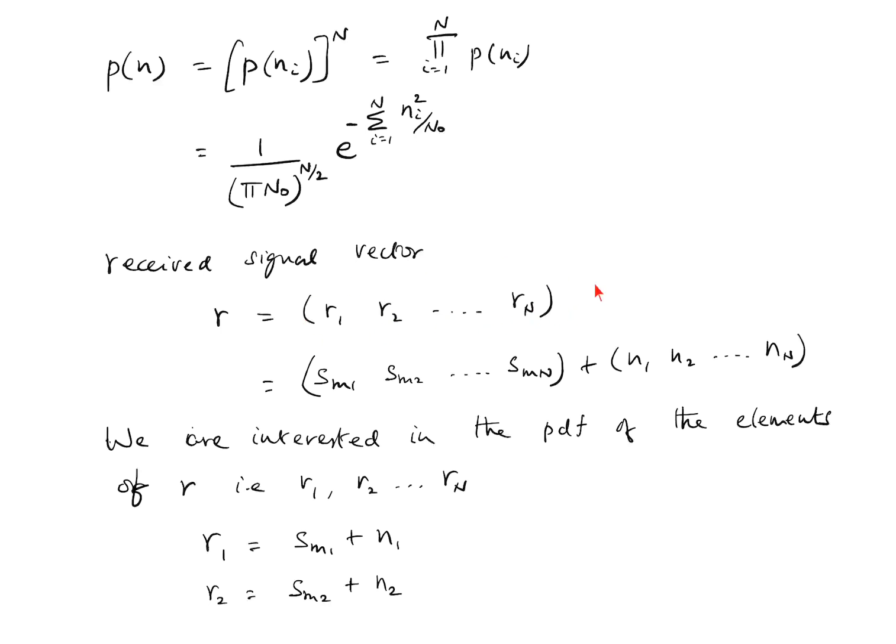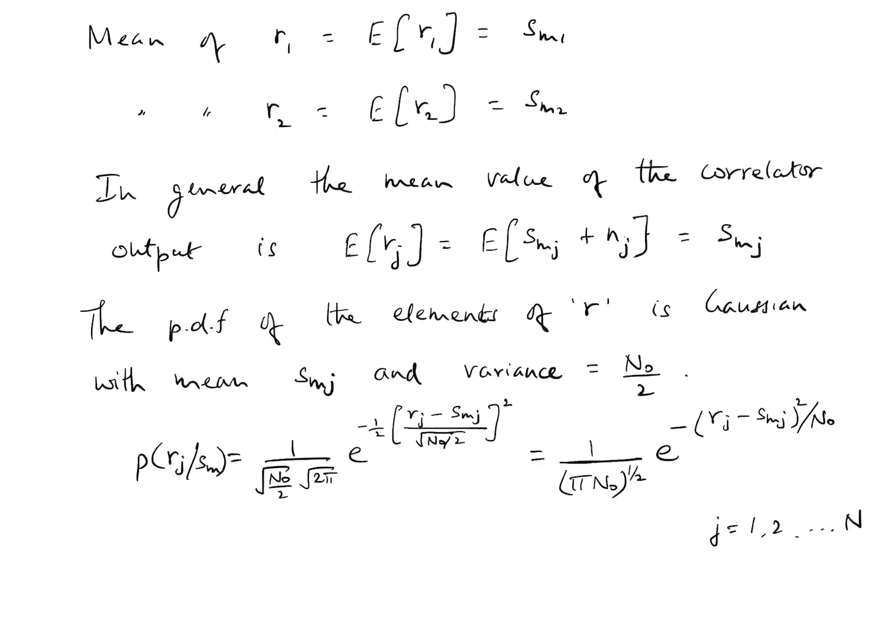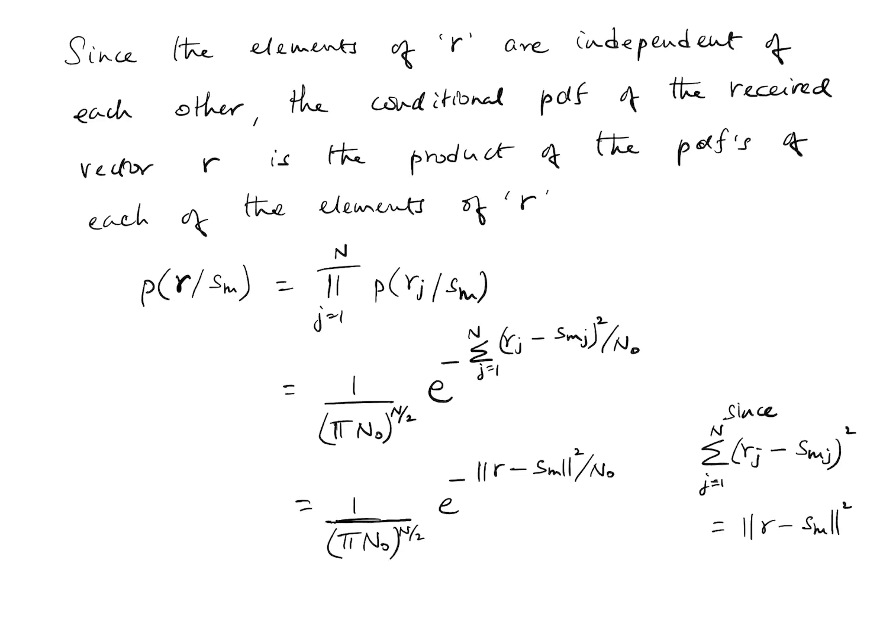When they are independent, the combined PDF would be the product of the individual distributions. So we can now say that the conditional PDF of the received signal vector r, not the single element but the entire vector r, on the condition that a particular signal Sm is transmitted, is the product of the PDFs of each element of r, which is given by rj.